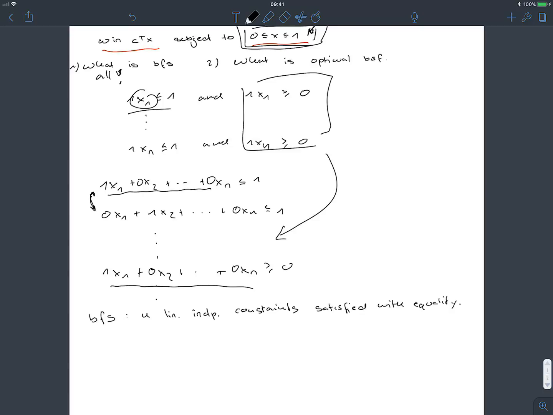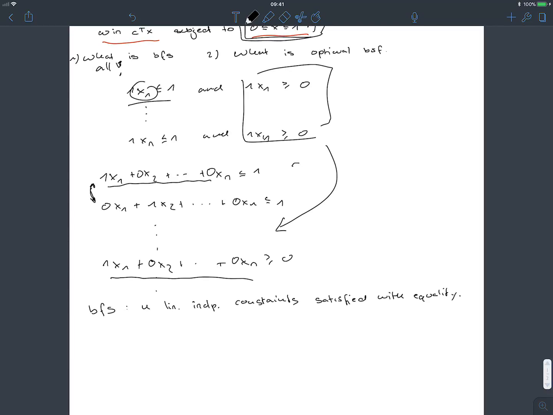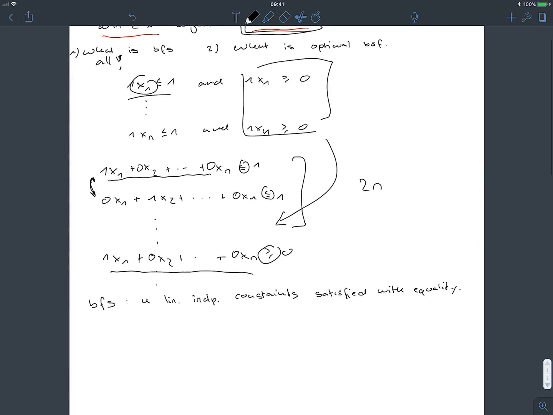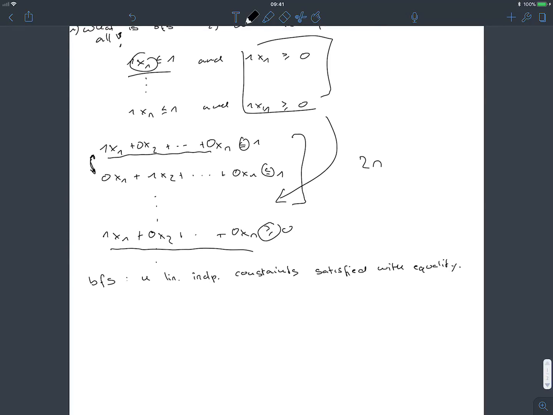We want to know what all the BFSs are and what the optimal BFS is. So let's just take, we see one, the first n. We have two n constraints, right? The first n are all the constraints smaller than 1, and the second n are all greater or equal to 0. So what we do is we set the first n equal to 1.